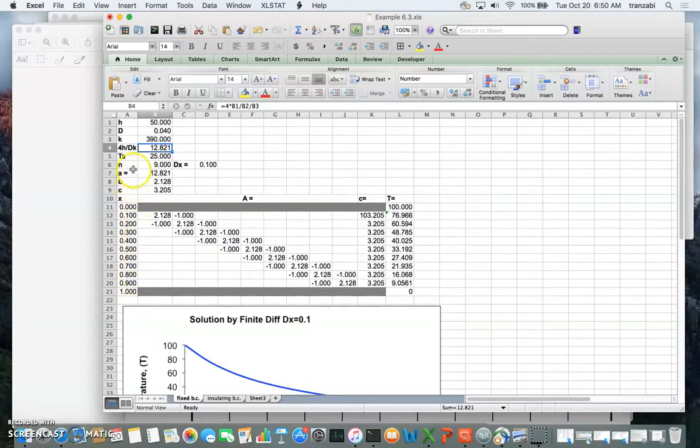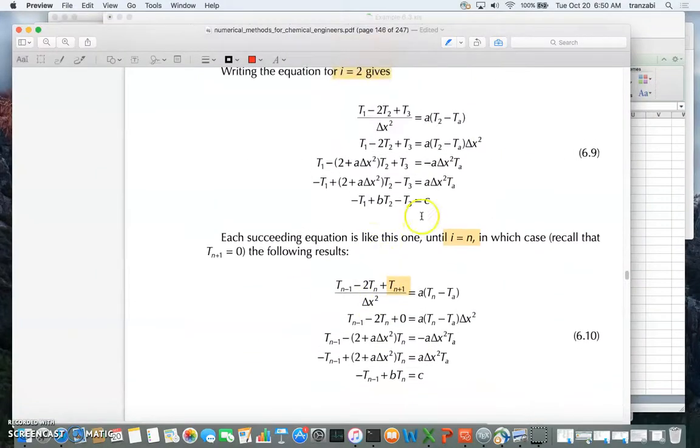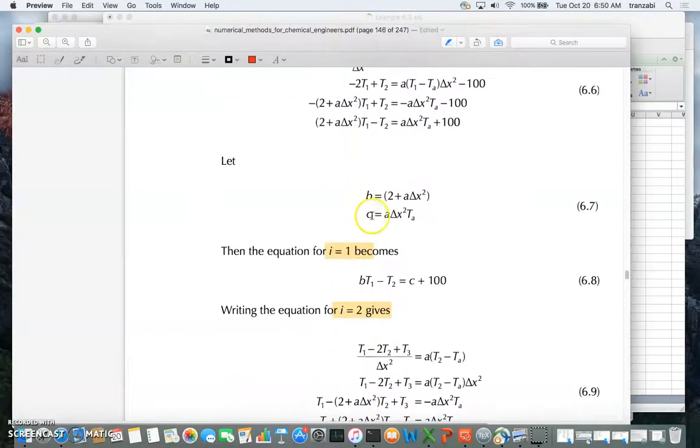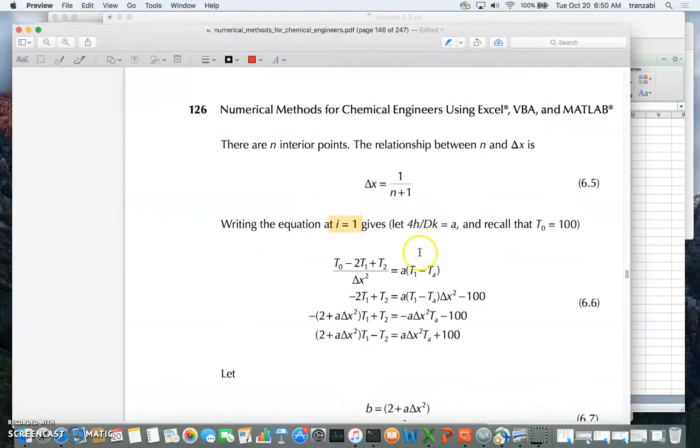That's why n is 9. A, B, C are these constants that we derived in the textbook. This is C, this is B, and this is A, which is 4h divided by dk, right here.